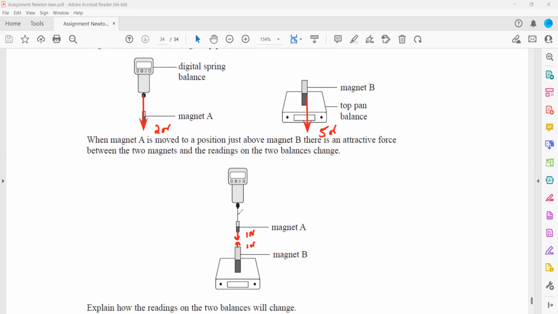So what happened to the reading on the balance for magnet A? Already its weight was 2 Newtons downward and there is a force of attraction of 1 Newton downward. As a result, the reading on this balance will increase because its weight is acting downward and there's a magnetic force also acting downward. But what will happen for this one?